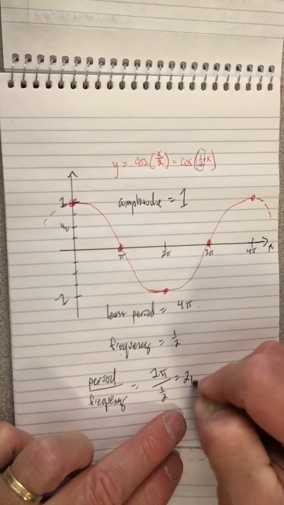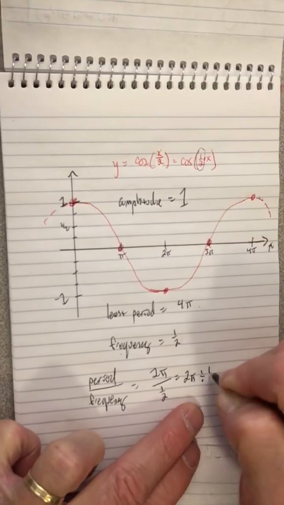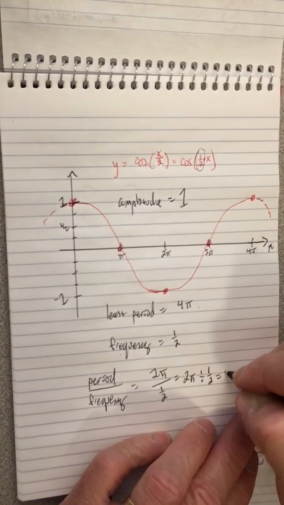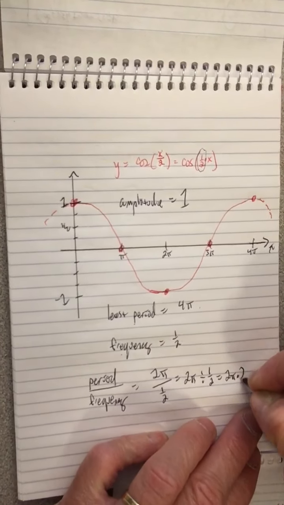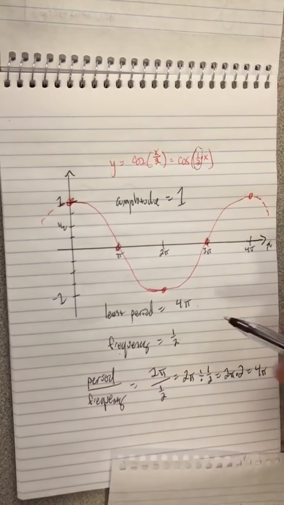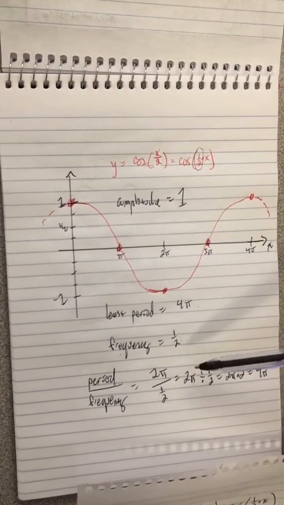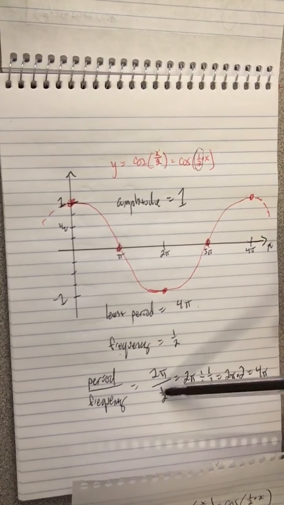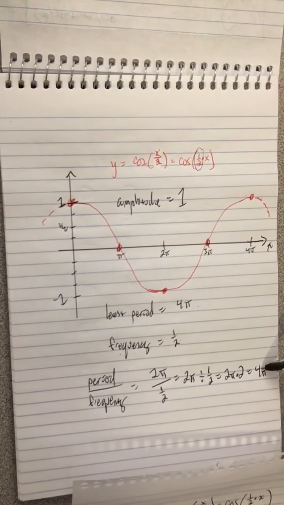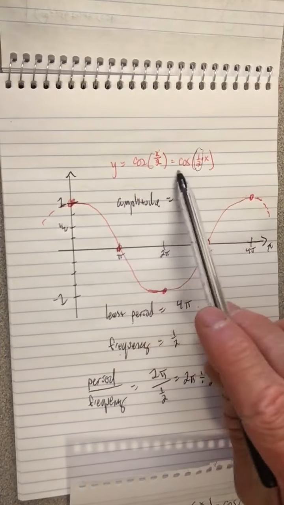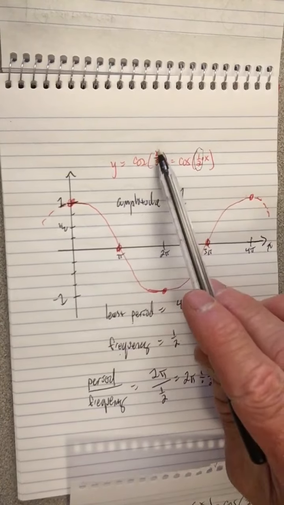We have to remember that's 2 pi divided by 1/2, and dividing by half actually multiplies by 2 and gives us 4, right? So if I divide 2 pi by half, I end up with 4 pi, and that's the period of this form of the cosine wave when the input is x over 2.